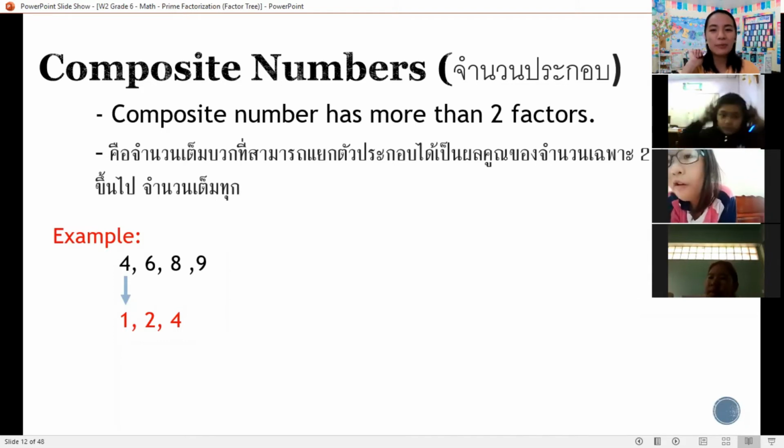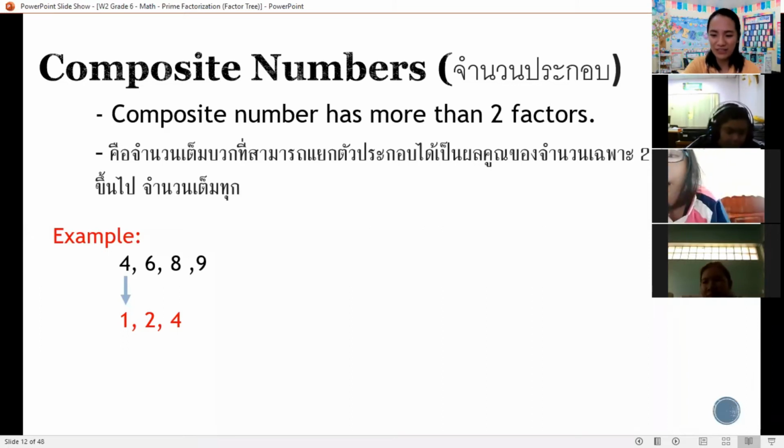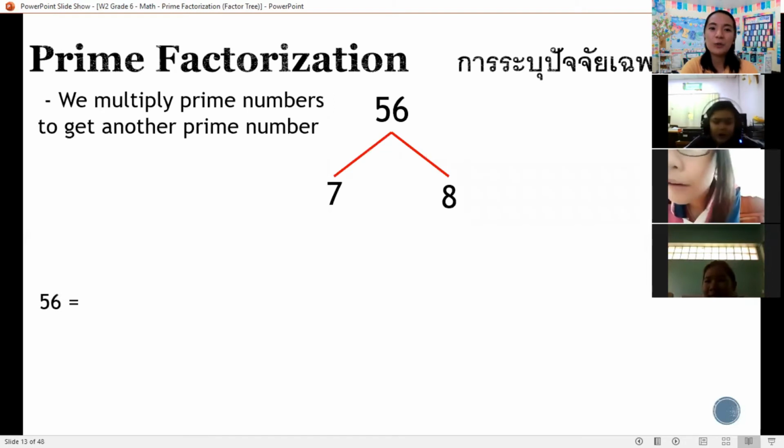Very good. How about 9? 1. What else? 3 and 9. Very good. So that's for composite numbers. Do you understand it? Is it clear? Yes. Very good. Now let's move on to prime factorization.